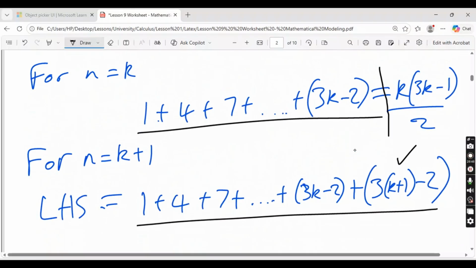So the difference between this and that is that we added a new term, the k plus 1 term, right?